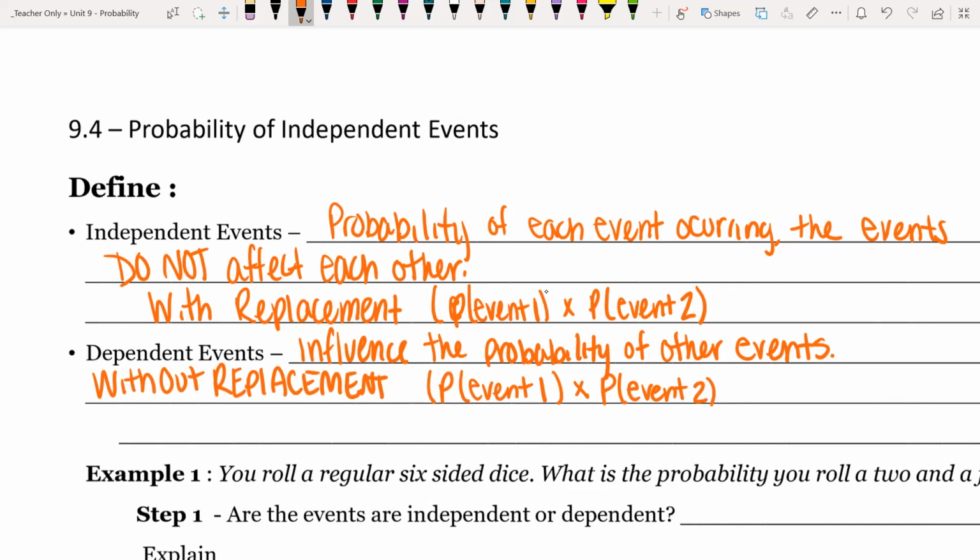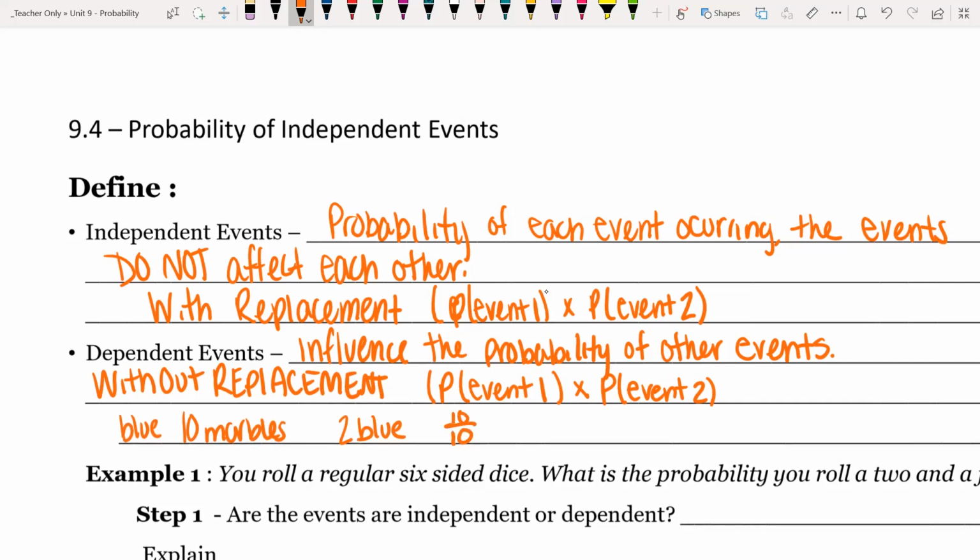However, if it's like a jar of marbles, say we have 10 marbles, and my first event, let's say all of them are blue, right? So I take a blue marble out, and I want to find the probability of picking 2 blue. The probability of my first event happening is 10 out of 10, right?